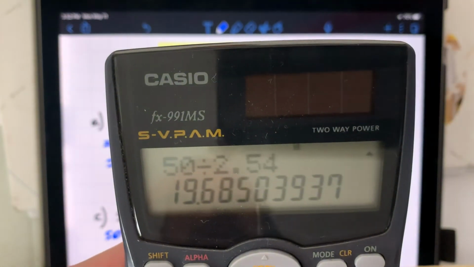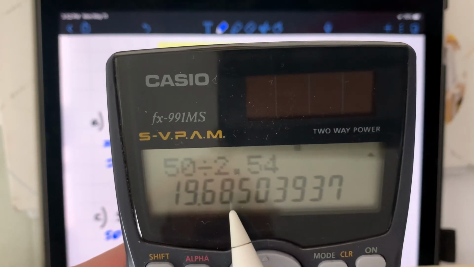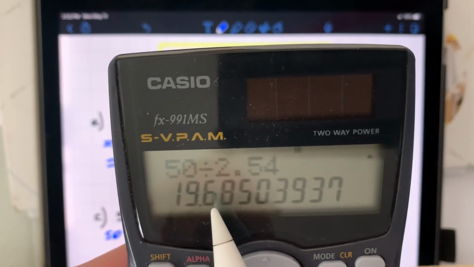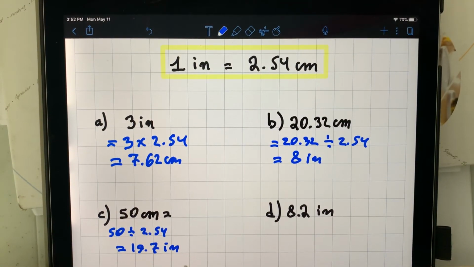I'm going to round it to just one decimal. So it's 19.6. The next number is an 8, so round that to a 7. 19.7 inches. So lower number, 19.7 inches, bigger number, centimeters. So that makes sense.